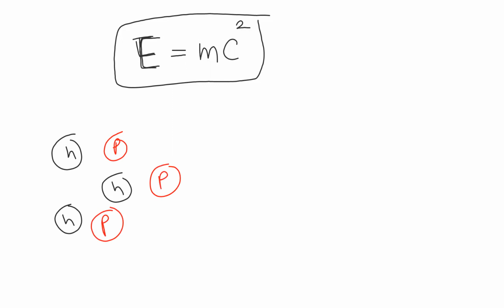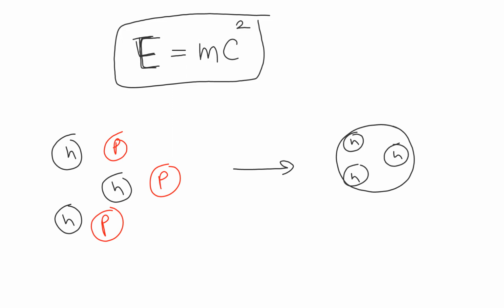They get together to form one nucleus, like this. And bonds are generated between them. The energy of these bonds is called the nuclear binding energy. You can calculate the bond energy now.